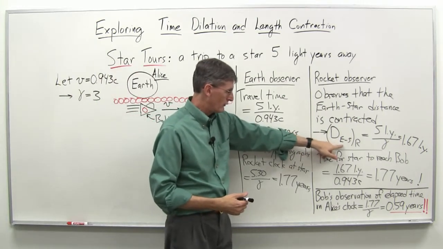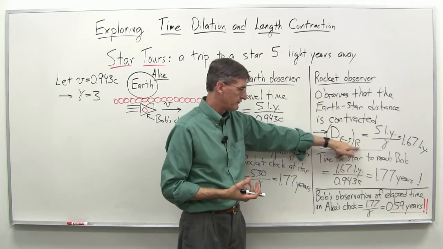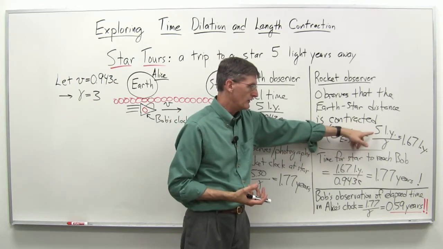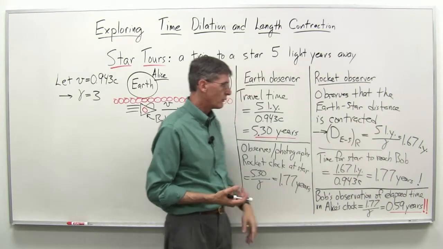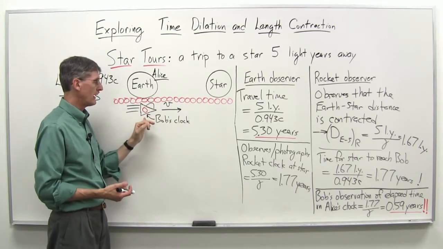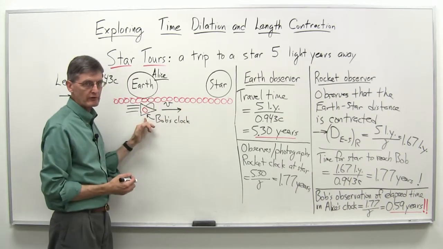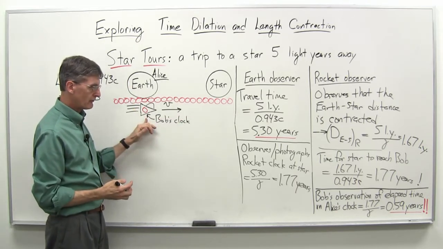The distance for the Earth star system, from Bob's perspective, the rocket perspective, is 5 light years divided by gamma, gamma being 3, and that's 1.67 light years. So to Bob, when he just passes Earth, he sees the star 1.67 light years away and traveling toward him at 0.943 c.